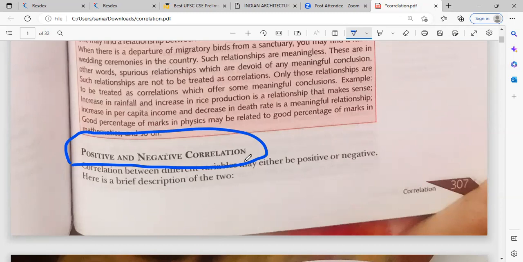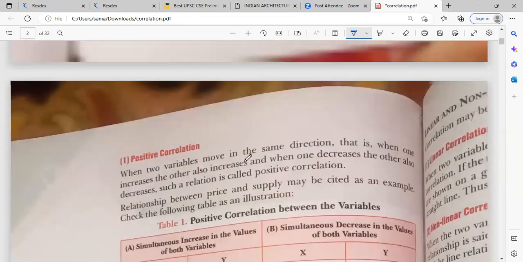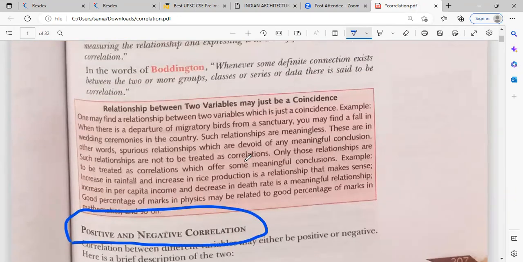Okay. Both of you done? Types of correlation. The first one is positive and negative correlation.